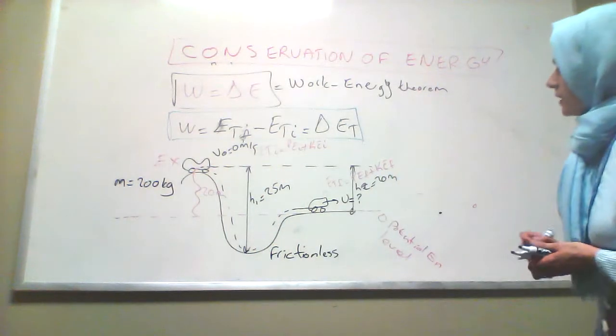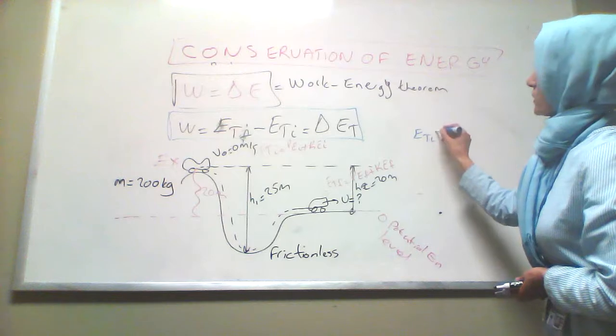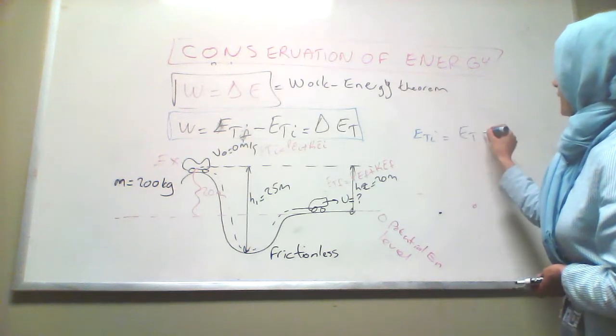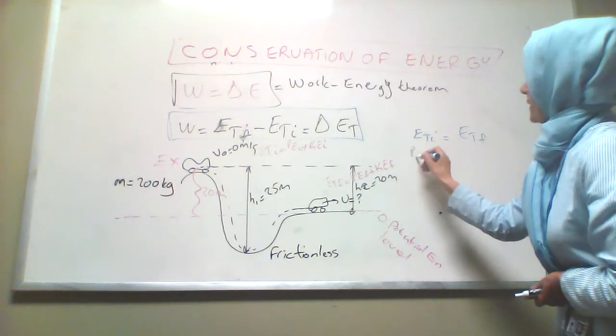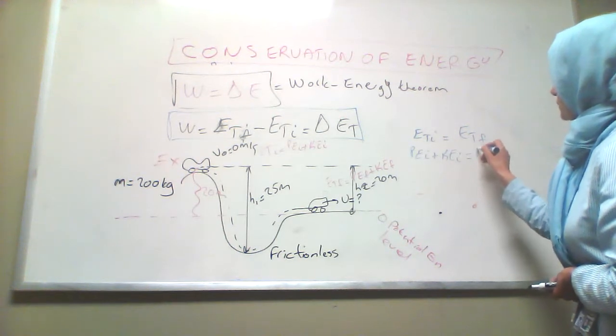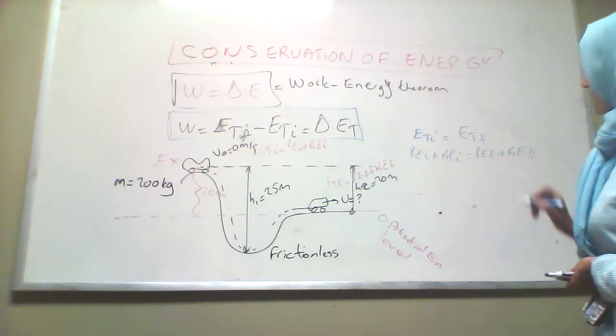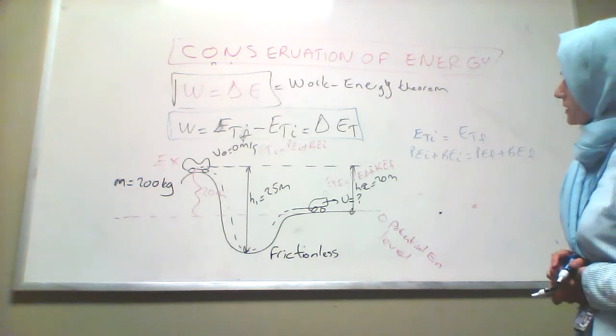And I can write down my equation now in here. Total energy initial is equal to total energy final. Potential energy initial plus kinetic energy initial is equal to potential energy final plus kinetic energy final. Let's write these down.